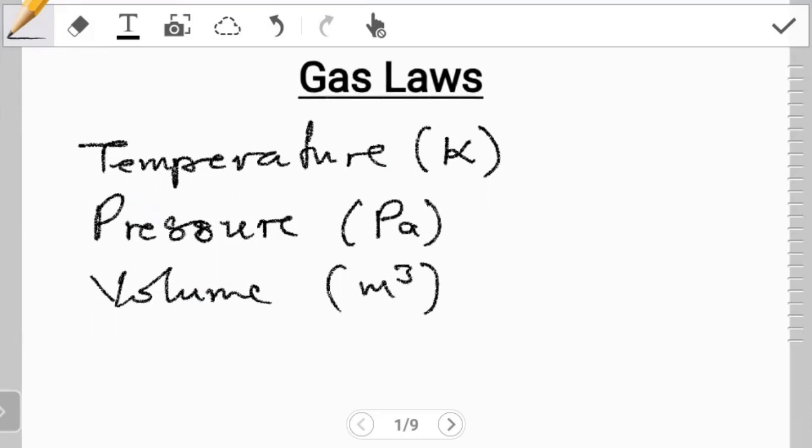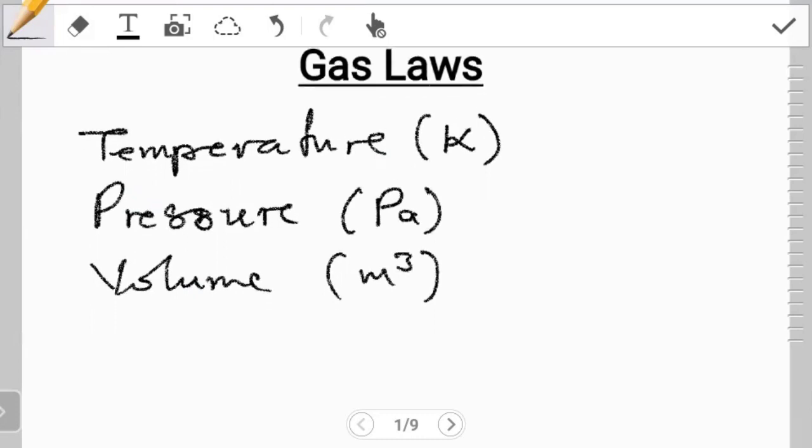In this case, the first thing that we want to see is how these properties relate when you're talking about a gas. And the first thing that we want to look at is an ideal gas. An ideal gas is basically just a gas that obeys the ideal gas equation.